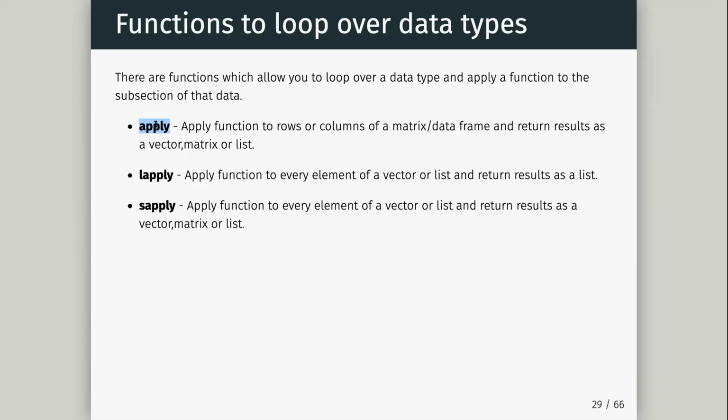So it will try and return your results as a matrix. If it can't return your results as a matrix, it will try and return them as a vector. If it can't do that, it will return them as a list. Hard to explain this, but I'm going to show you. Effectively, it's going to try and make some decisions. It believes that you wanted a matrix back based on the format of the data.